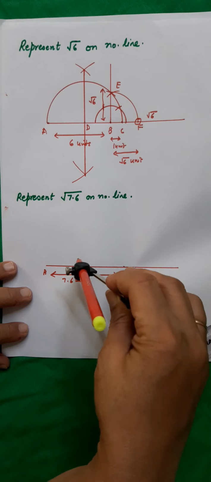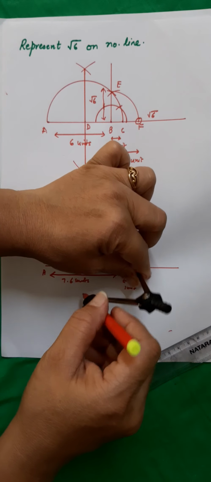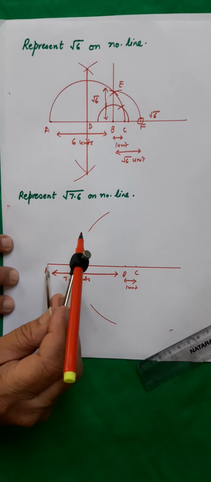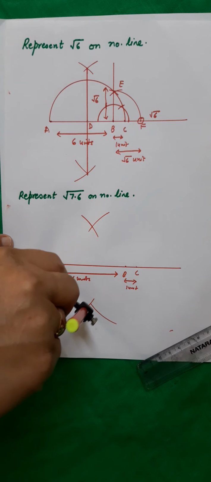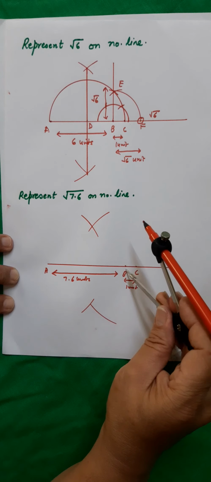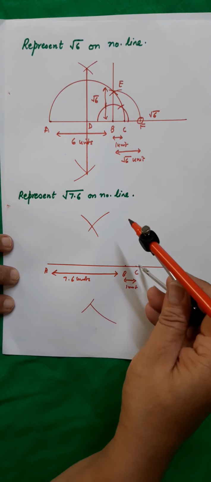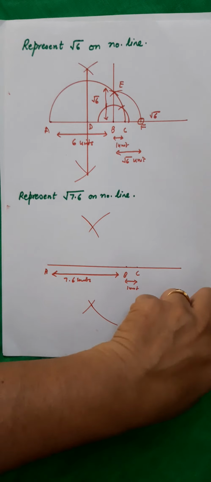So I will open more than half of it, put one arc here and one mark downside. Then from A, same way, cut these arcs like this and like this. Fine. And now join it.